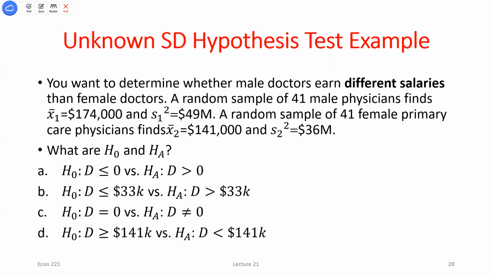If they're different from each other, then the difference between them will be some other value than 0. I probably think that there's a difference in gender pay here. So that's what I want to find. So I'll assume the opposite is true, which is that pay is exactly the same, right? That difference is in fact exactly equal to 0. Now, I've got a not equal to sign in the alternative hypothesis here.